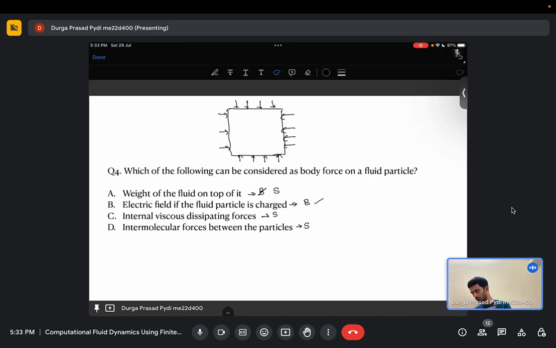Now, let's come to both parts C and D. You might be aware from solid mechanics or rigid body mechanics that action-reaction forces always act in pairs, and in the absence of any external forces, the net internal forces cancel each other and the overall effect will be zero. So, if you just consider the intermolecular forces between these particles, whatever particle I am considering here, both these forces will cancel each other.